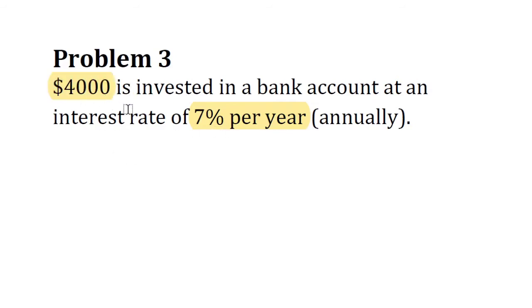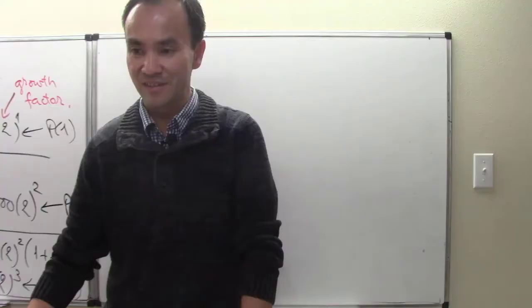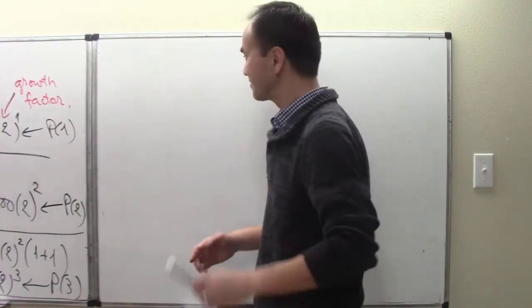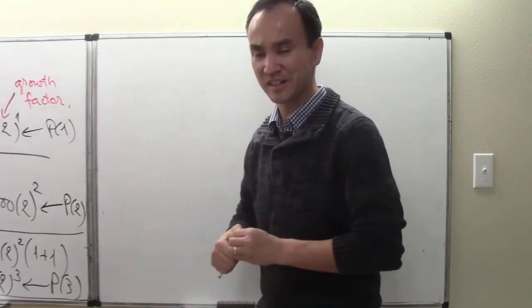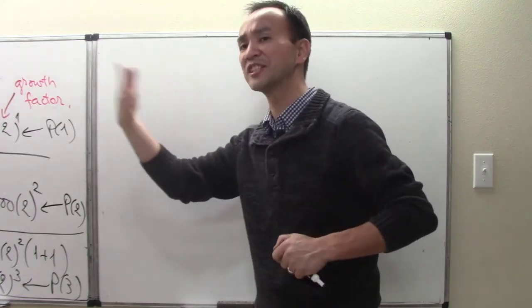So now in this problem, we are looking at calculating the amount of money that will grow in our bank account right here. Back on my board, I've been using the word population, but that's for the more scientific problems.